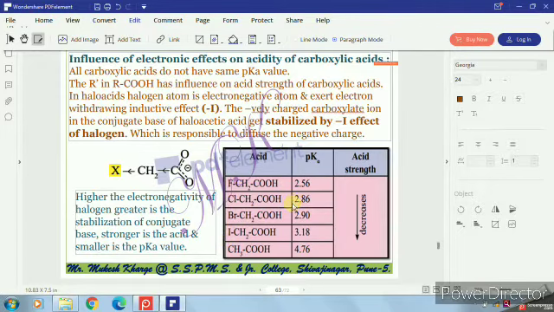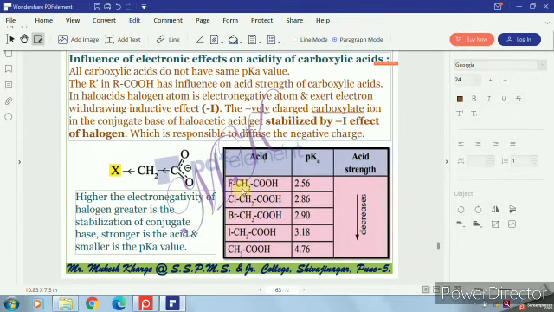So if you check the pKa values, what is the first compound? I will tell you, it is CH3COOH, acetic acid. If you replace a hydrogen of the CH3 group by fluorine, chlorine, bromine and iodine, then we get these compounds.